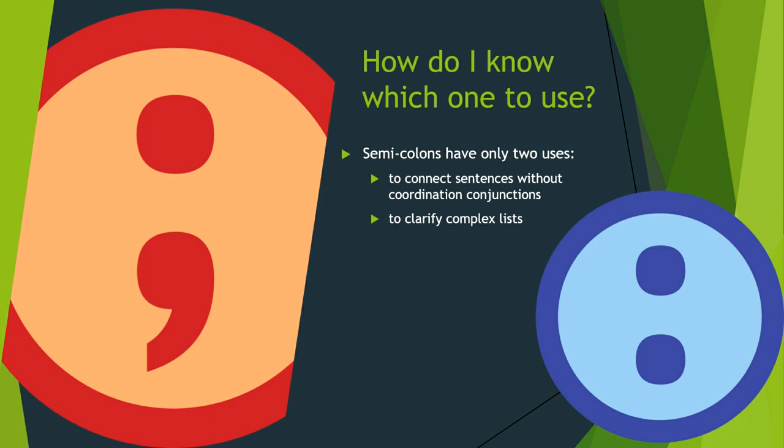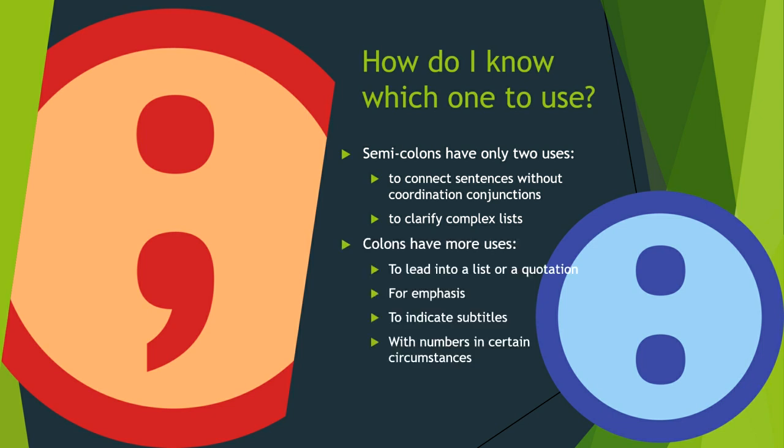Now, colons have more possible uses. So first of all, they're often used to lead into a list or a quotation. So you'll have some sort of introduction to the list, and you'll have a colon, and it'll go into some sort of list of things. Or you'll have an introductory phrase, usually a full sentence, and then the colon and the quotation.